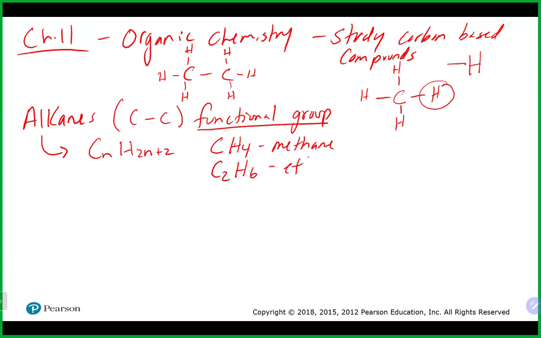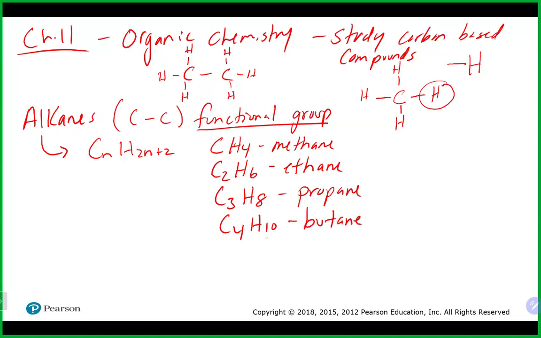That is ethane. 3 carbons gives us 8 hydrogens, and that is propane. 4 carbons gives us 10 hydrogens. That is butane. 5 carbons, 12 hydrogens is pentane.